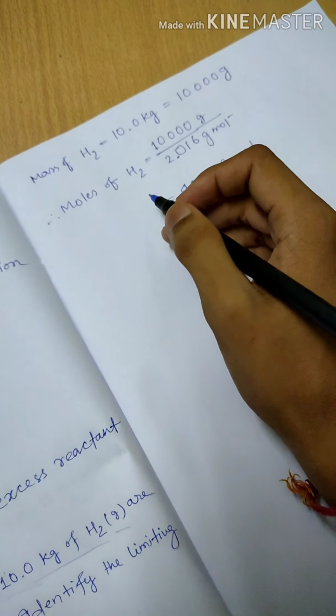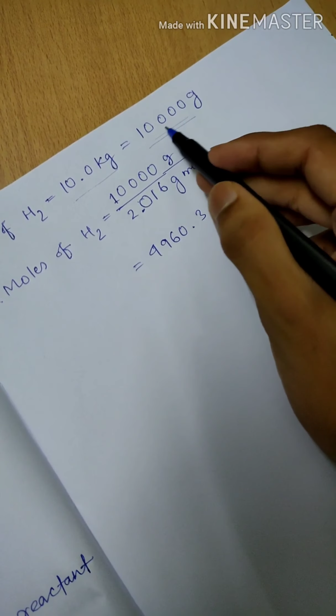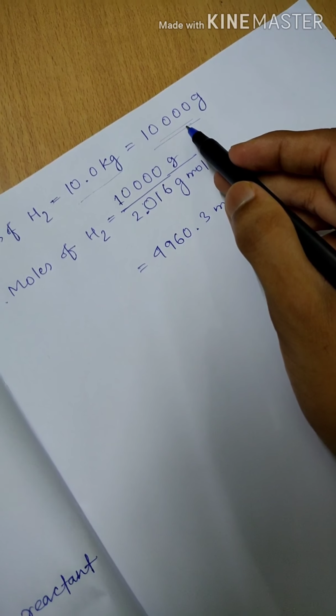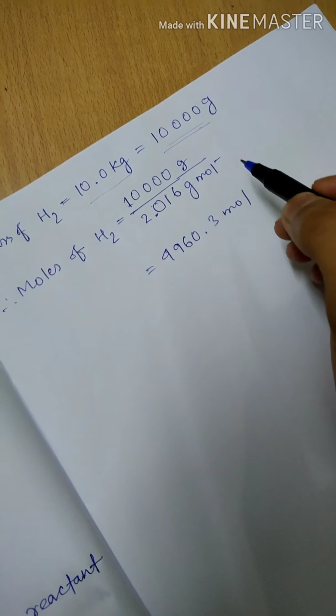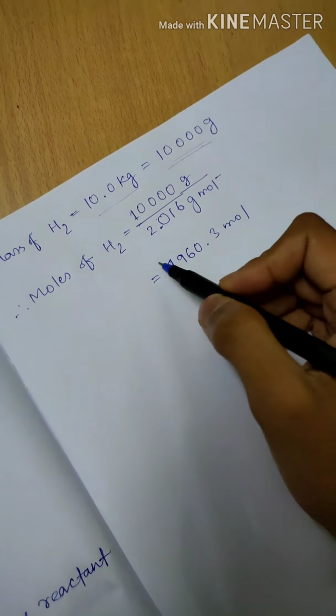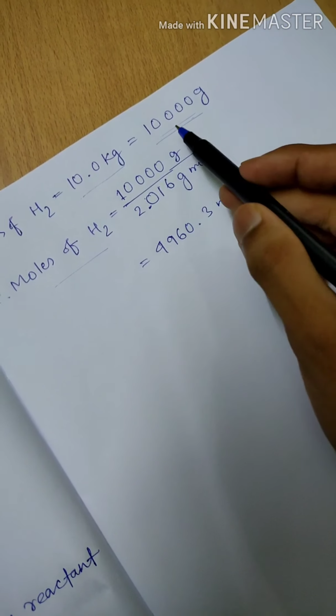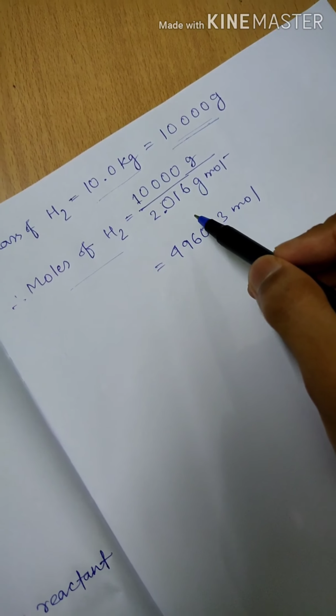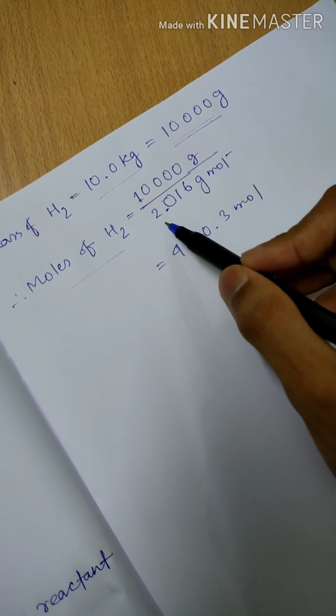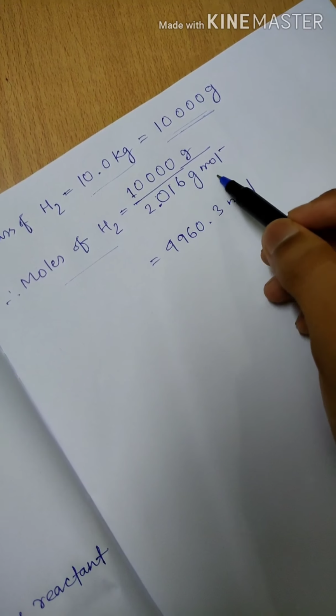Similarly, if we convert this from kilogram to gram, then 10,000 gram. Now moles of H2 is mass of H2, which is 10,000, and molar mass of H2 is 2.016 gram per mole.